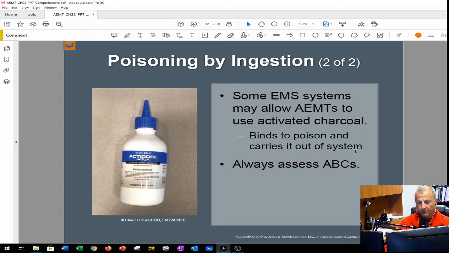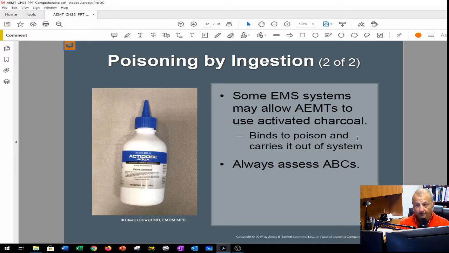So a couple of things. One, you might hear of syrup of Ipecac. I don't know if you will or not. If you do, it's on its way out the door. The reason is that it was used to induce vomiting. If you got there and they had just taken it, you could give it, they would vomit, and emergency resolved.